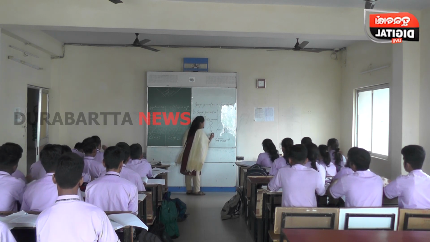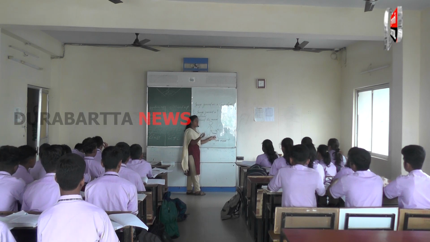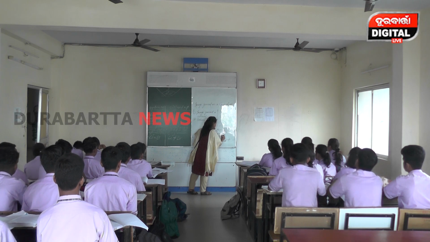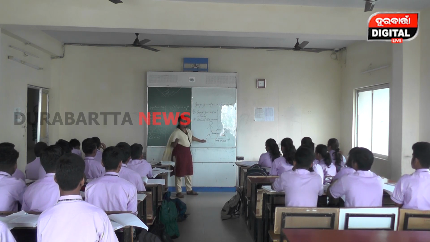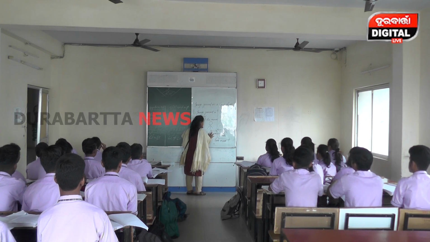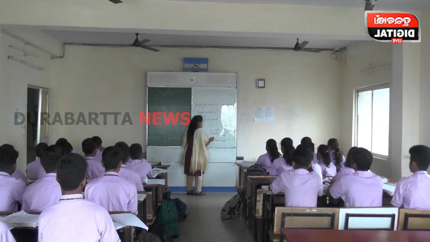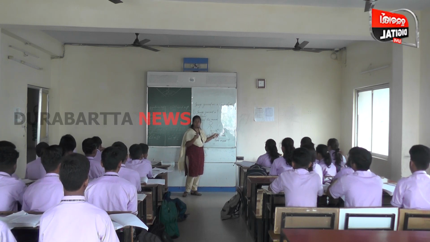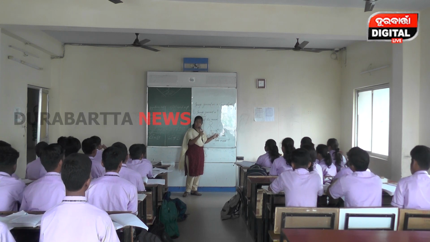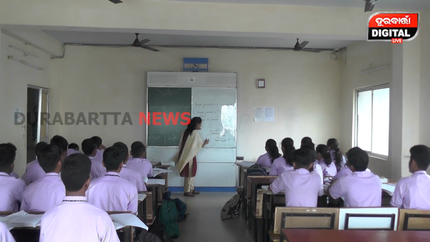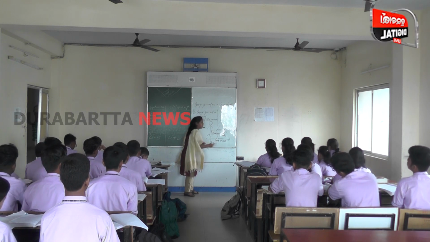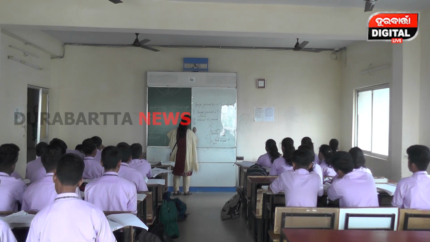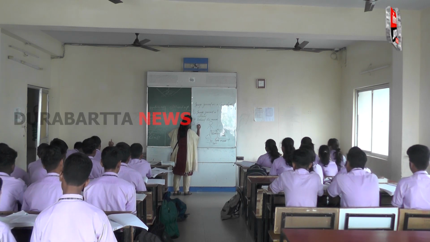If we are 20 cm away from the mirror, then the image that forms behind the mirror will also be at 20 cm from the mirror. Now if I ask you, I am standing at 35 cm distance from the mirror, then my image will be at what distance away from me? 35 plus 35, that is 70 centimeter away. This type of numerical could come in your examination. Now the third point is over, no?